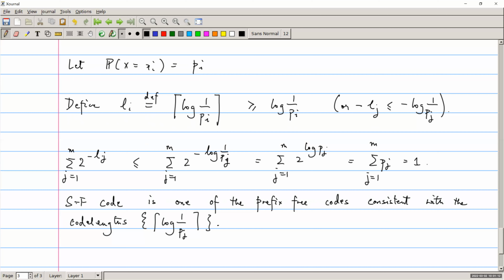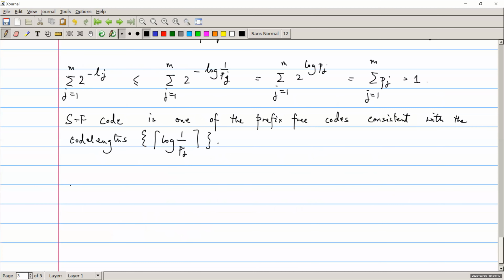Then let's look at the expected code length of the Shannon-Fano code. The expected code length is the expectation of the ceiling of log of 1 over the probability of x. Now, the ceiling of a number is always less than the number plus 1, because no matter which number you take, between that number and that number plus 1, there is definitely an integer.